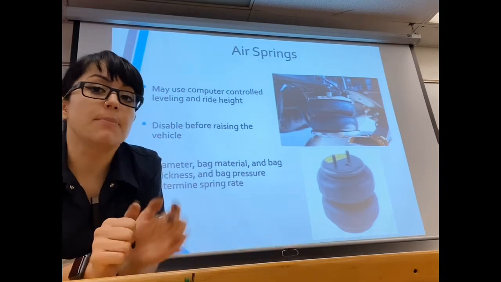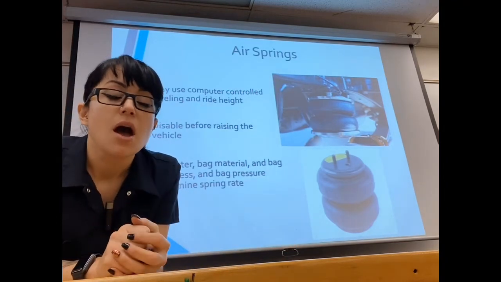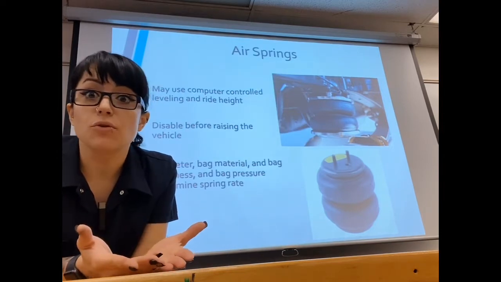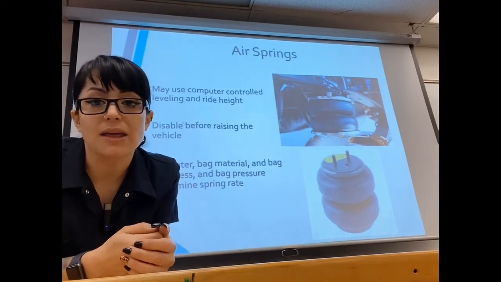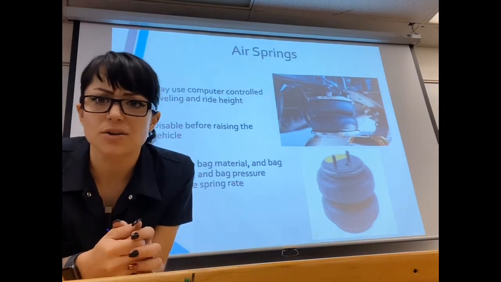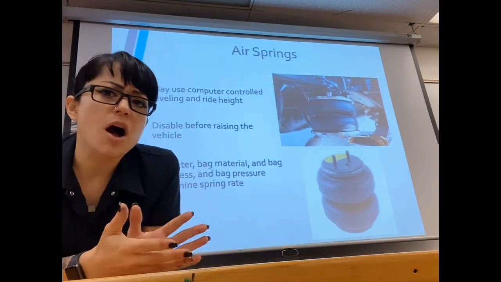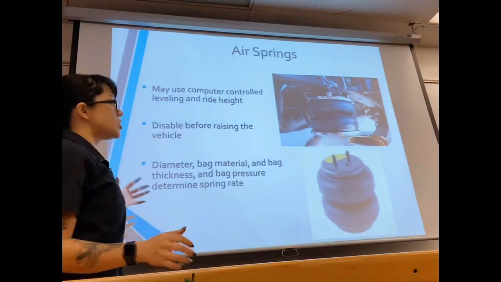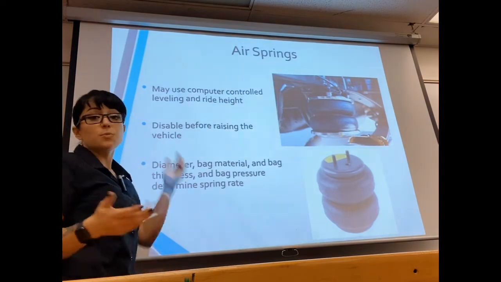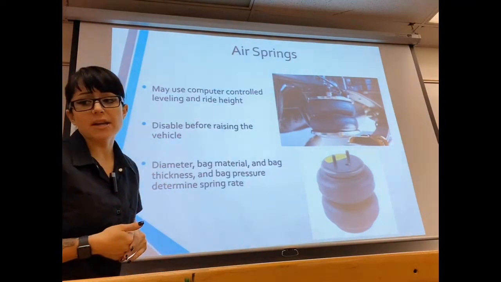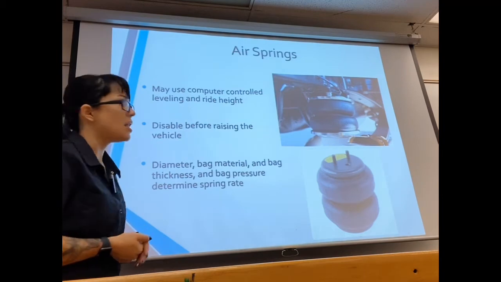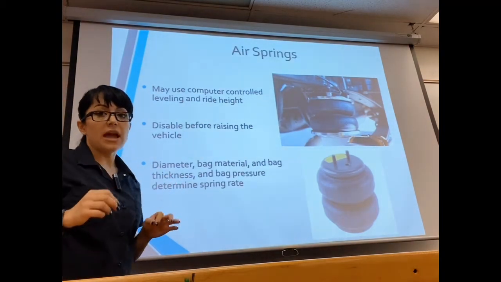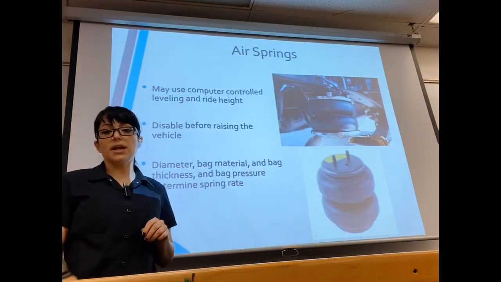So you can just press a button and you can put it in off-road mode, or you can press a button and you can put it in a mode that's going to make you a little bit more aerodynamic on the freeway and things like that. If you're planning on driving on ice or rocks, there's all kinds of options for you, and airbags allow you to change your ride height as well as a spring rate with changing your ride height, so stiffness and things like that as well.